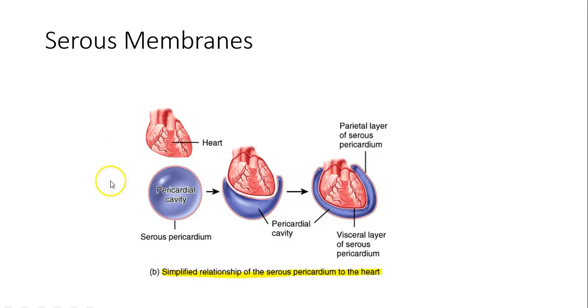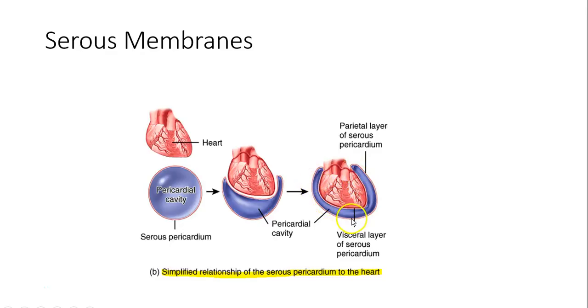This diagram here is actually from chapter 20, I believe, in your textbook. But it's a nice little graphic to show you the relationship of a serous membrane with the organ that it's lining. Here's a fluid-filled balloon. Here's the heart. We're going to push this heart into this fluid-filled balloon, and you can see how one wall of this balloon is going to end up in direct contact with the heart.